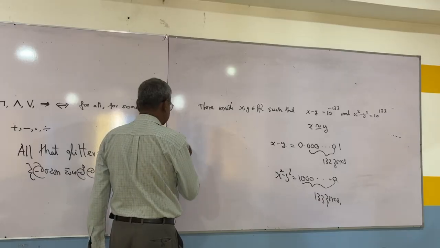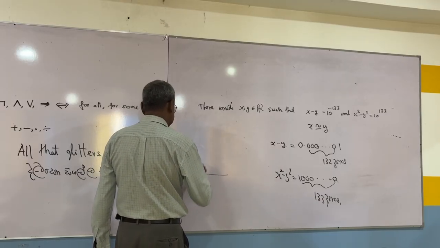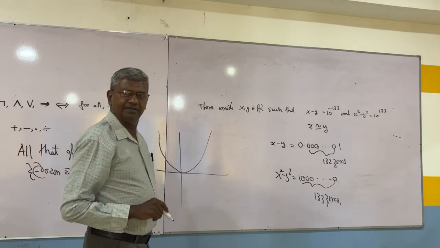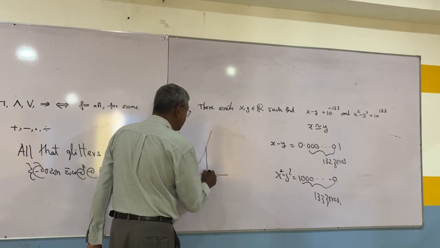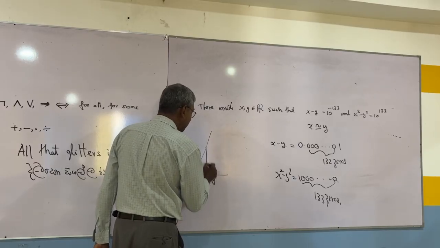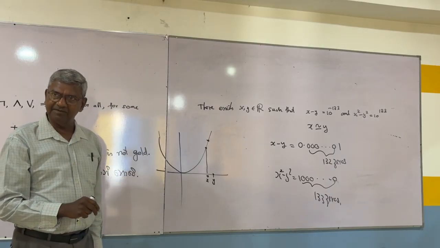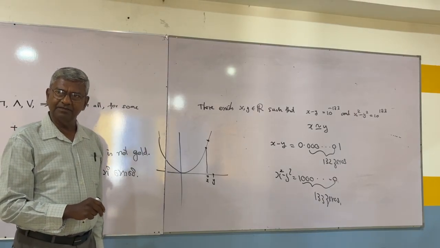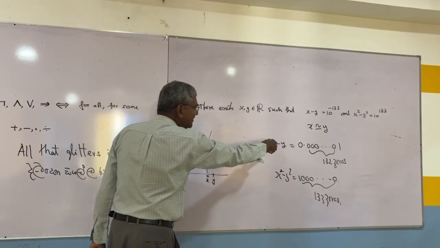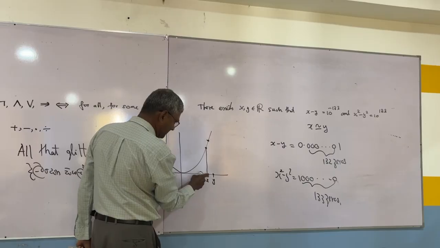Another reason is that we draw the graph of y equals x squared like this. If x and y are very close, x squared and y squared are also very close from the graph. It's not that far. 0.000, 136 zeros and 1, y is almost there.